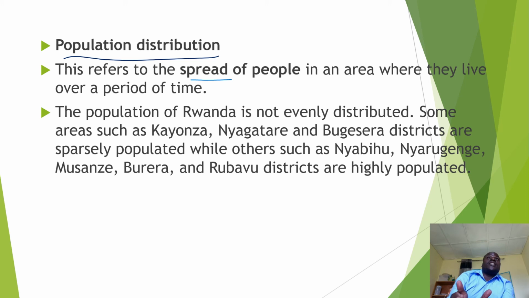For example, Kigali districts are densely populated because they make up the city. Rural-urban migration. People go to stay in urban centers, and therefore that's why you have Kigali districts heavily populated.